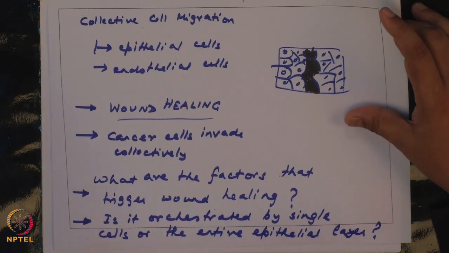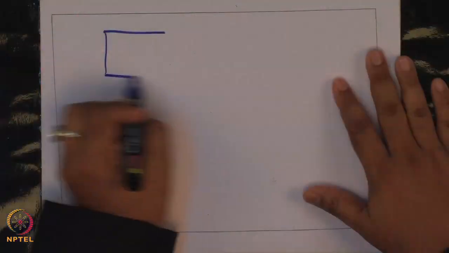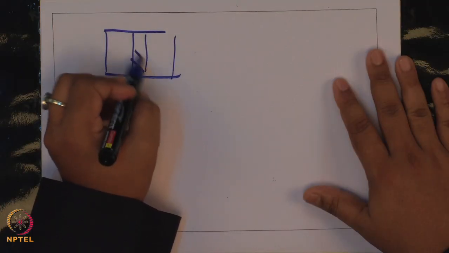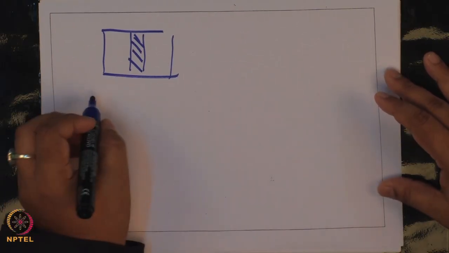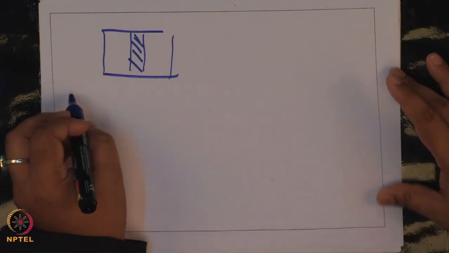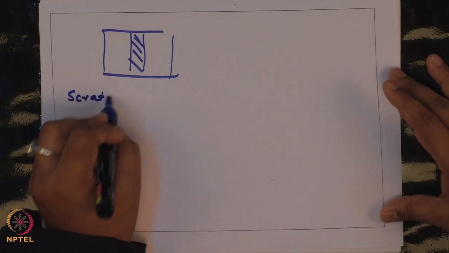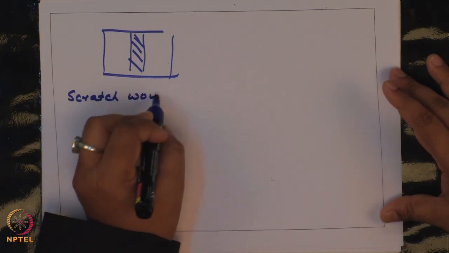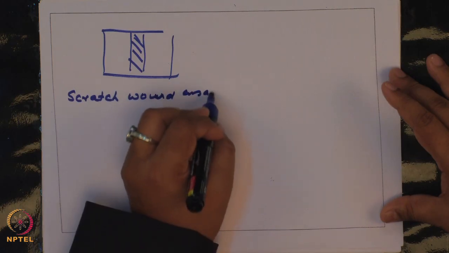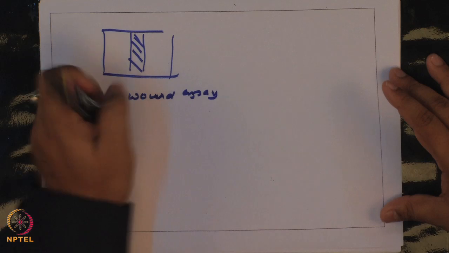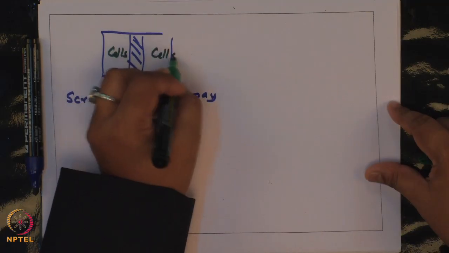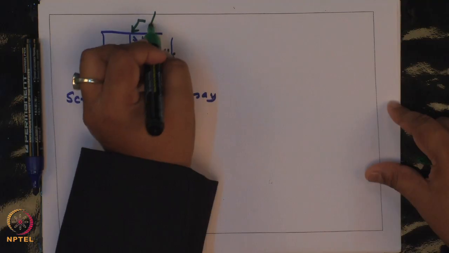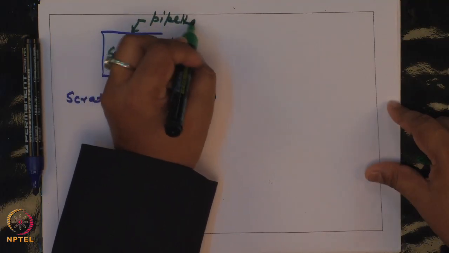So, you can look at this problem. Imagine again I have a patch, and imagine this is the space which is available by creating a wound. Now, typically in most experiments people use the scratch wound assay. You have cells on this side and cells on this side, and you scratch it, introducing this model wound with a pipette.